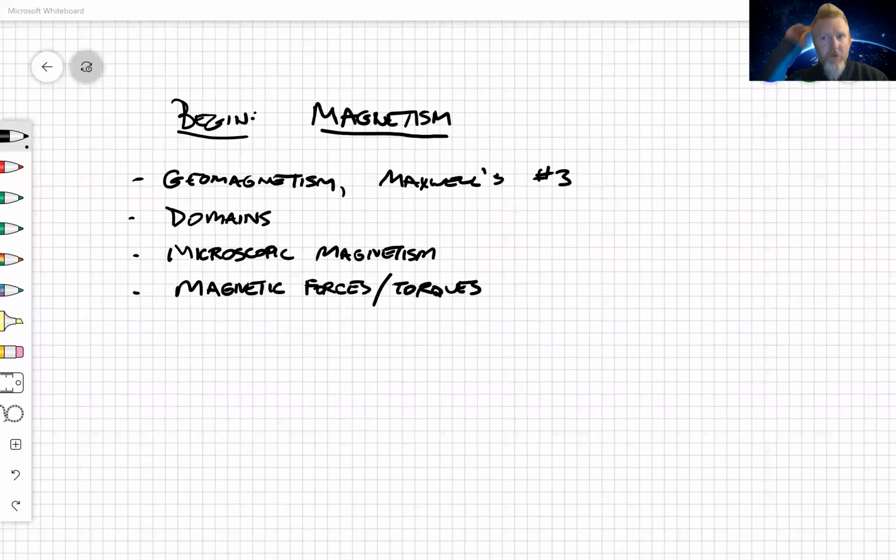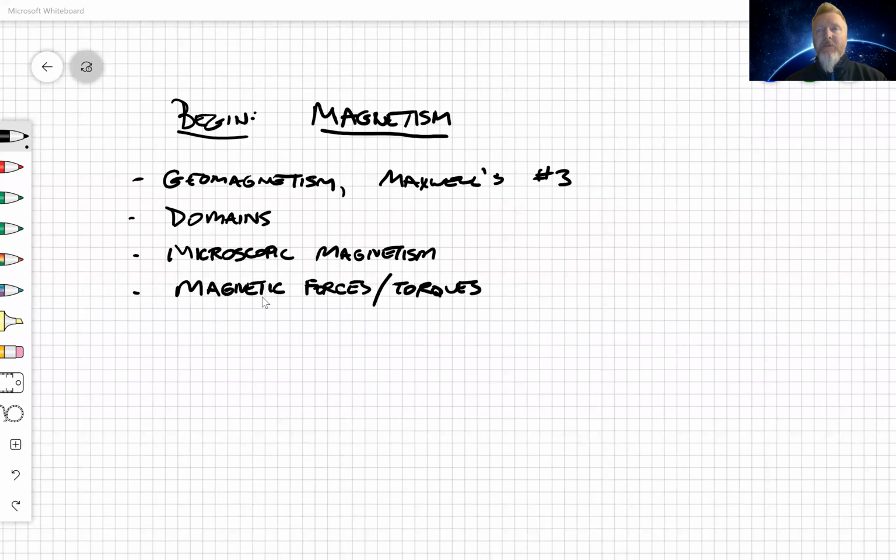Okay, so we'll start with magnetism. I'm going to start with the magnetic field of Earth, because that's kind of how magnetism essentially started, ultimately. People have known about the magnetic field for 5,000 years.